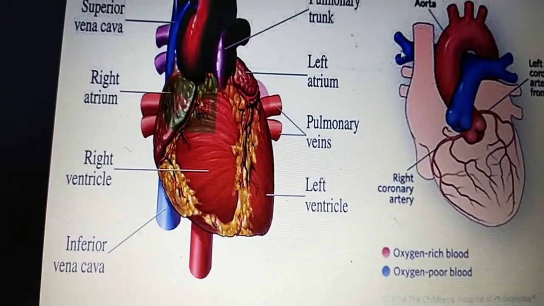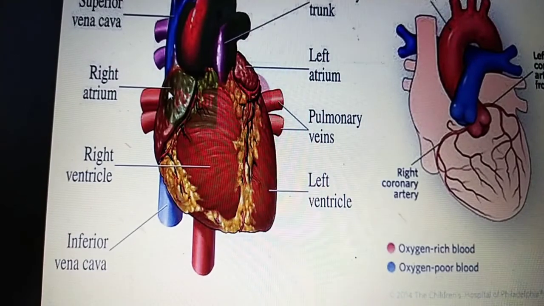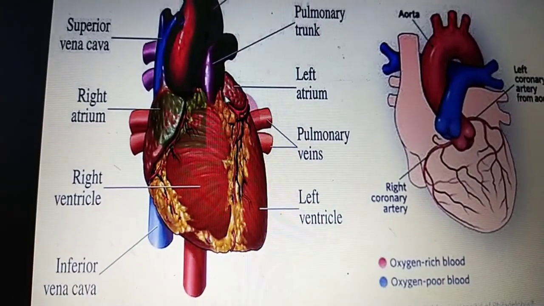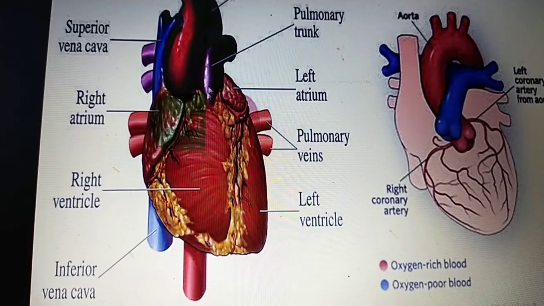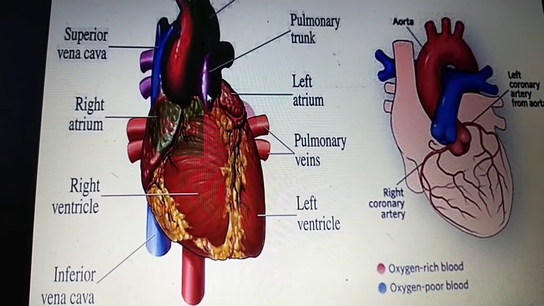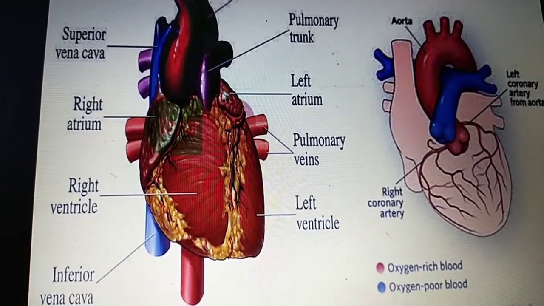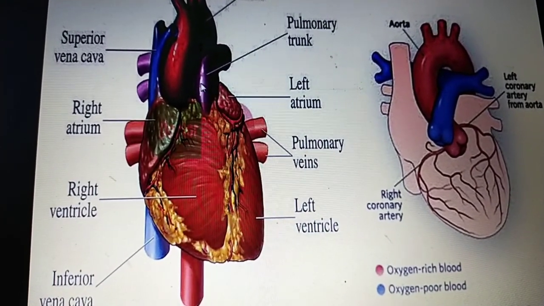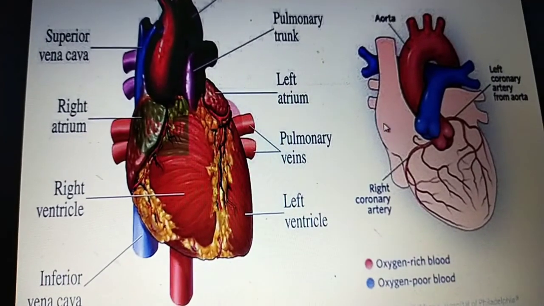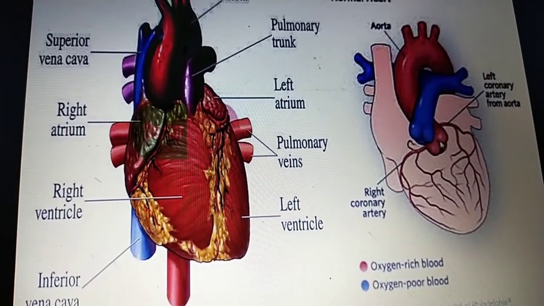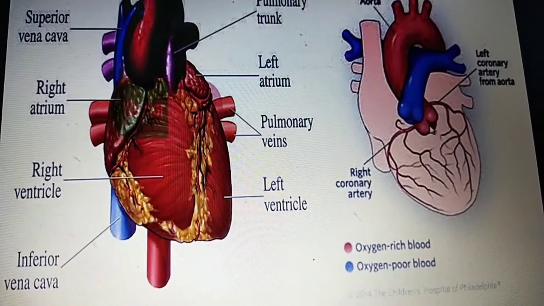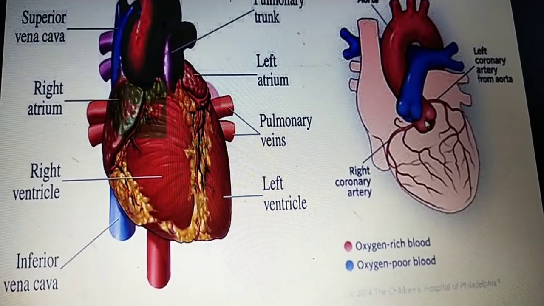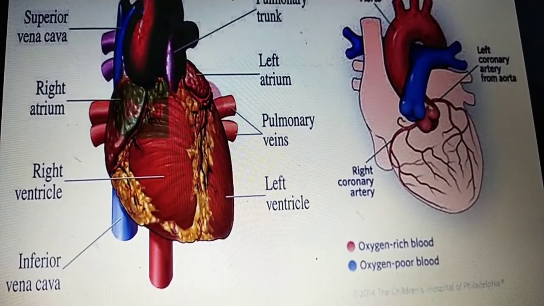At the right side, the right atrium and ascending aorta. To the left, it is the left atrium. This is the pulmonary trunk. Sometimes the left atrium encloses or covers the pulmonary trunk, and it overlaps the root of the ascending aorta, or root of the aorta.